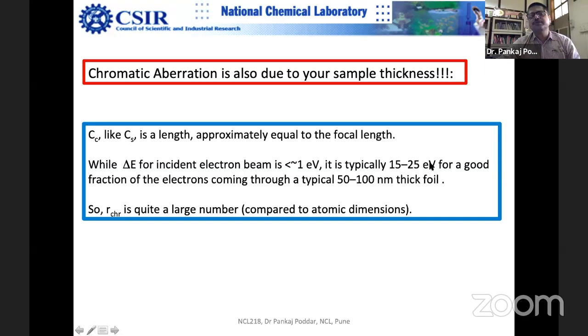Even if you took a perfect source, your sample can introduce these kinds of losses. It can be even larger than this, because this is not a large value, as you know these inelastic energy losses can be very large. But one saving grace is, as I mentioned in my earlier lecture, that inelastic processes happen at larger angles, right?